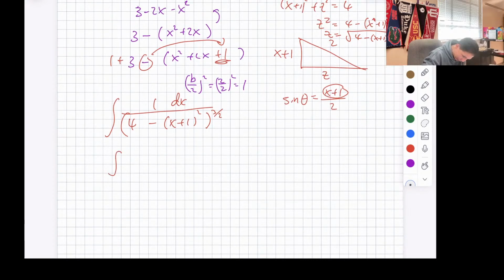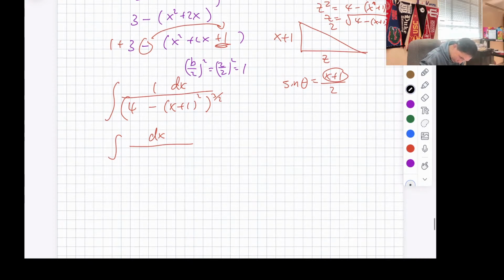Now I'm going to say dx. Before dx, I need to do something else Nathan forgot to do on the whole homework. Cosine theta. We have to take a derivative, right? d theta, and that goes to what? dx over 2.